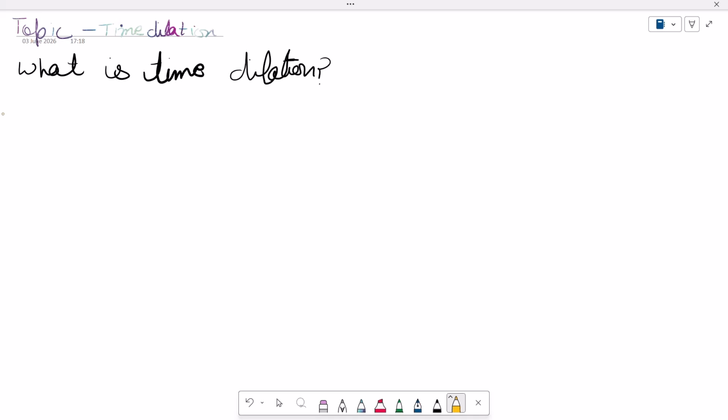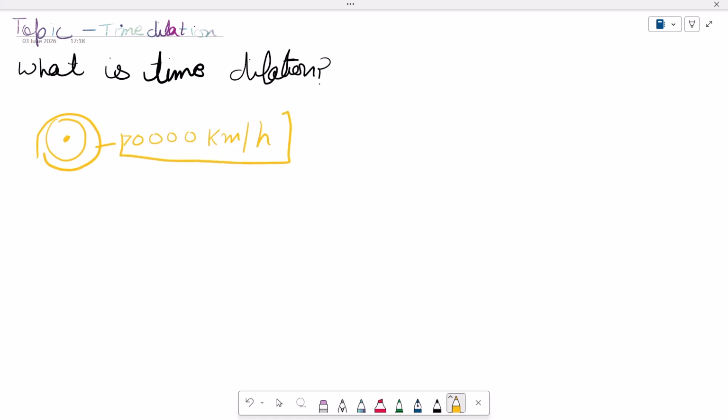Let me answer that question. Suppose an astronaut is orbiting the Earth in the ISS, and the ISS has an average speed of about 70,000 kilometers per hour, and an observer is standing on the Earth, whose speed is zero. It is a stationary object.